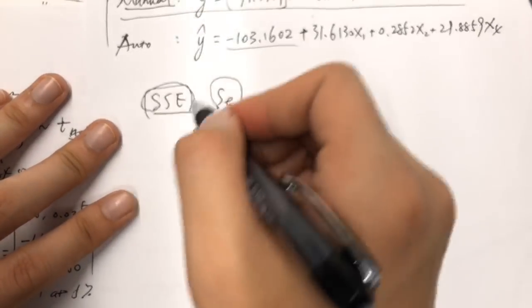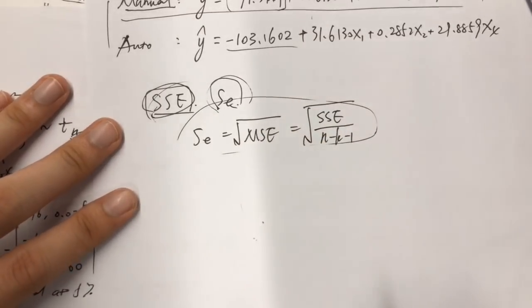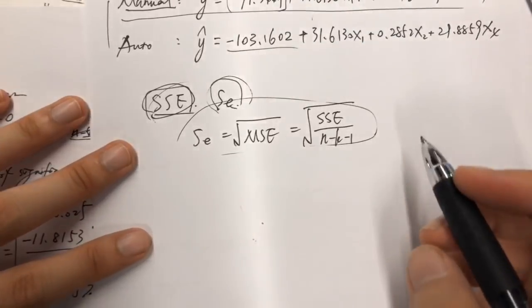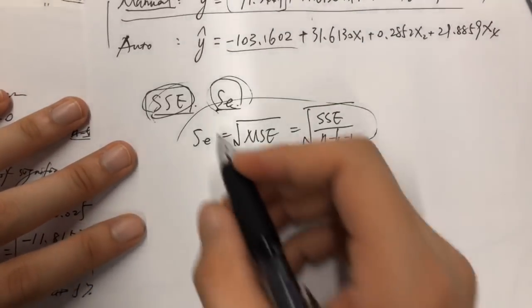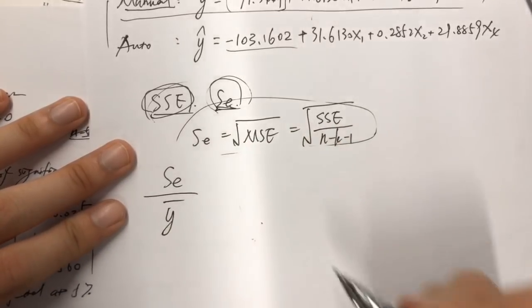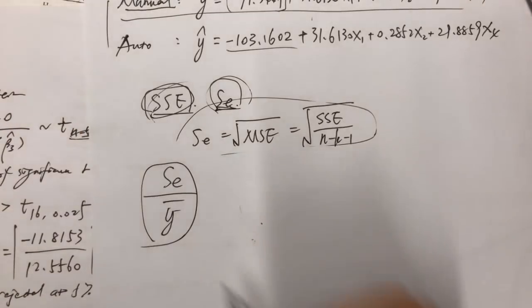Therefore, when you answer SSE or SE, you just say the same thing, okay? But just in a different magnitude. So for SE, standard error, we generally compare it with our y bar, okay? And see what percentage of the y bar it takes.